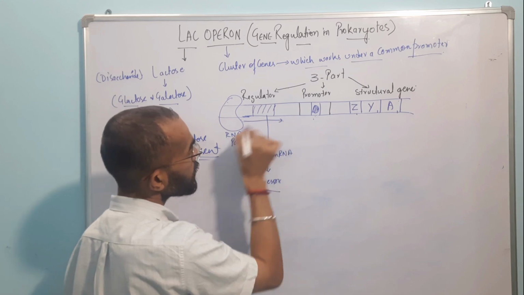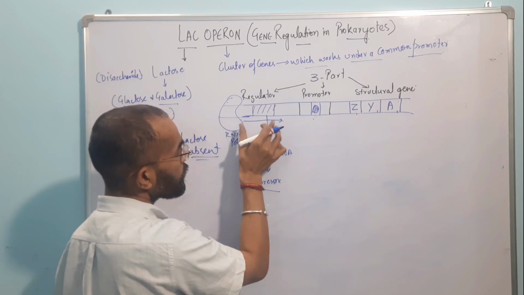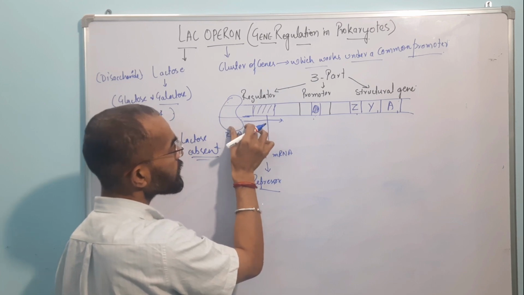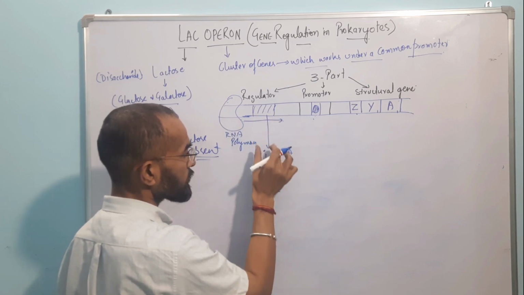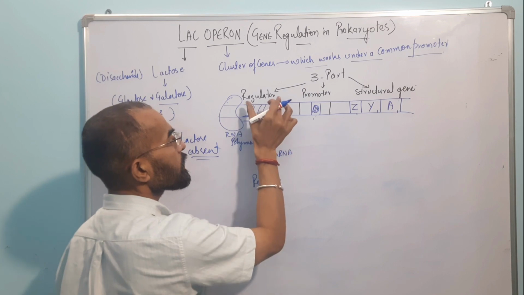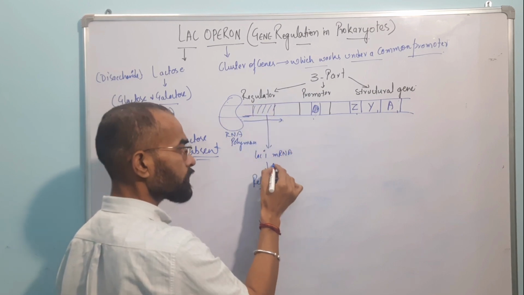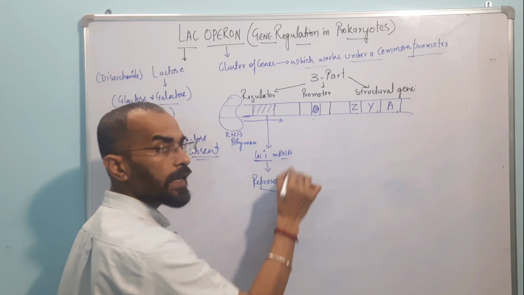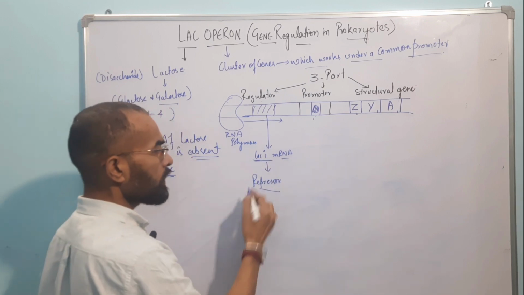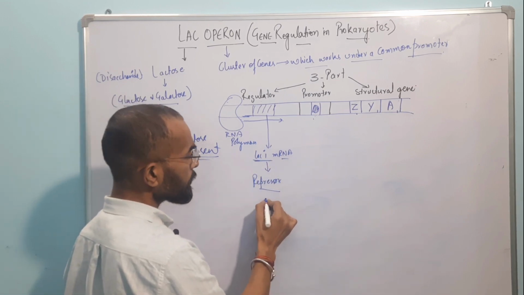It goes in this direction, and while going, it transcribes this regulator gene, that is lac I gene, and it forms the lac I mRNA, and mRNA after translation forms a repressor.